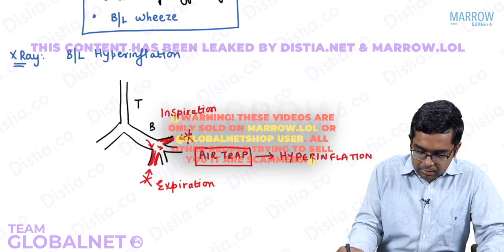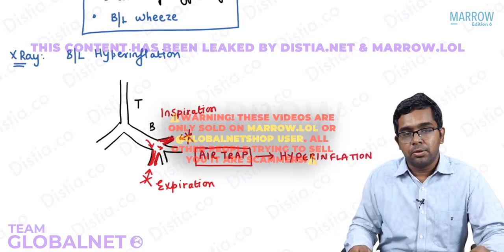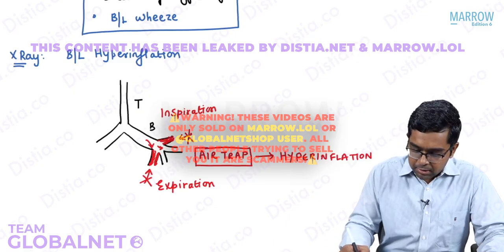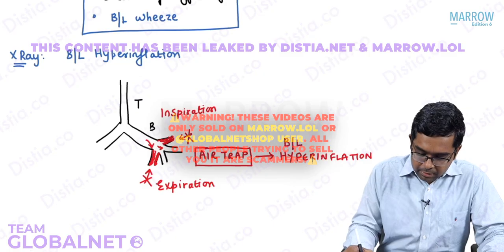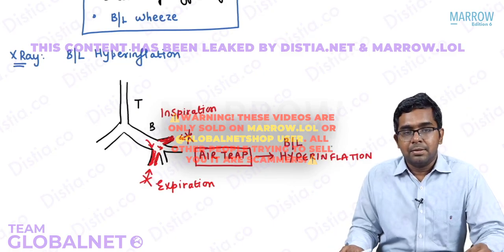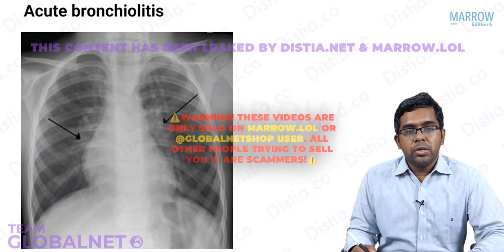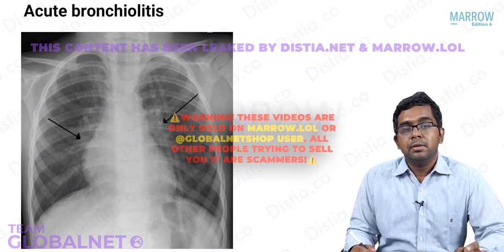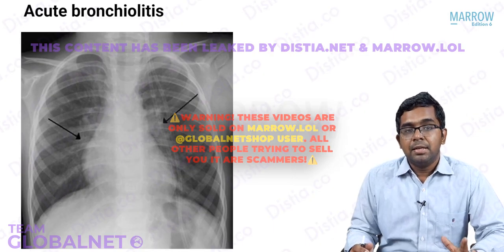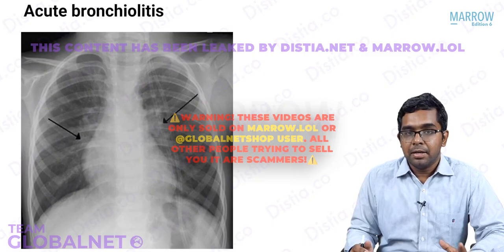You can see that the same problem is also going to occur on the other side of the lung. So this condition is going to be characterized by bilateral hyperinflation. This explains the characteristic bilateral hyperinflation in acute bronchiolitis. You can notice this X-ray showing bilaterally expanded lung fields, or what is called bilateral hyperinflation. And one more finding can also be noted in the X-ray of these patients.